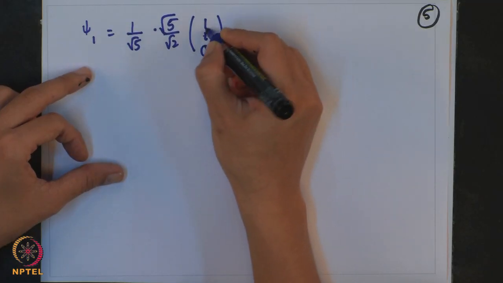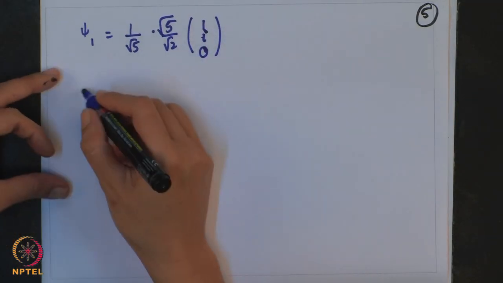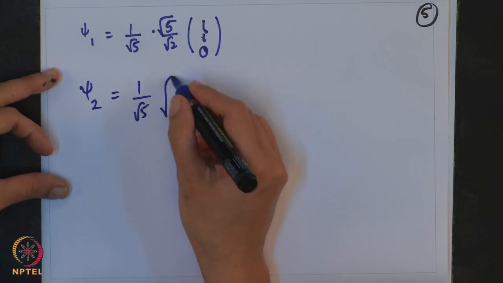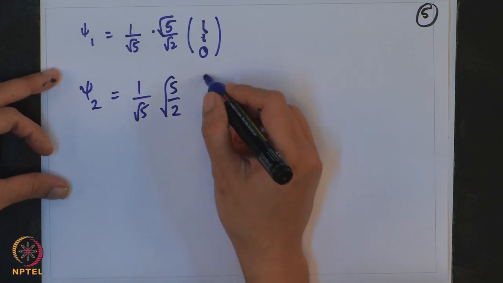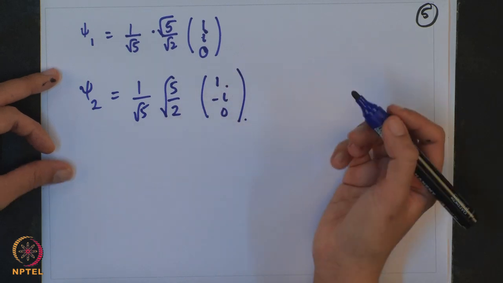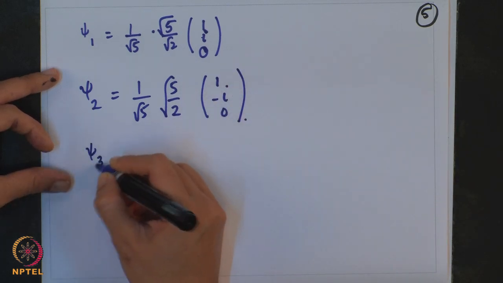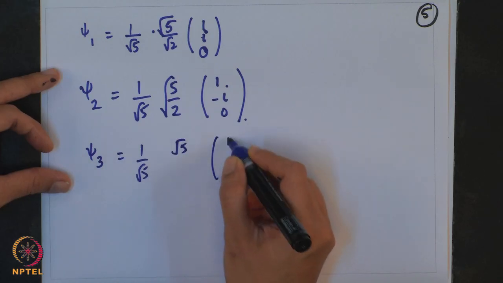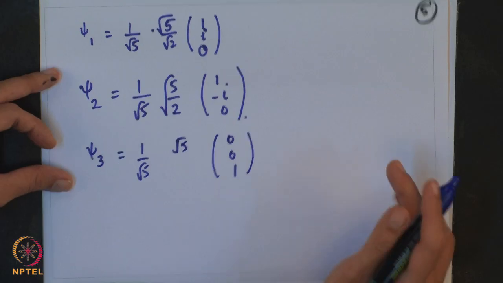Okay. And psi 2 as 1 by root 5, again root 5 by root 2, (1, minus i, 0). Okay. And psi 3 as 1 by root 5 into root 5, (0, 0, 1).